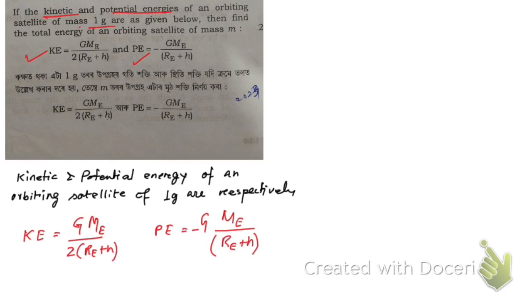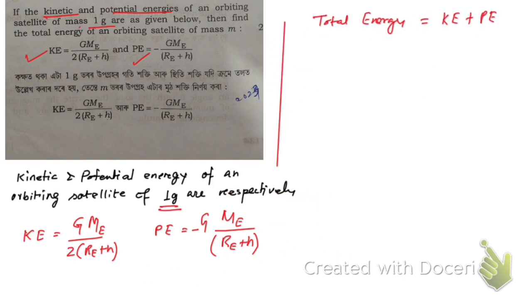Here gravitational potential energy is negative, so we can write negative here. Therefore total energy is given by kinetic energy plus potential energy. This is for the satellite of mass 1 gram.